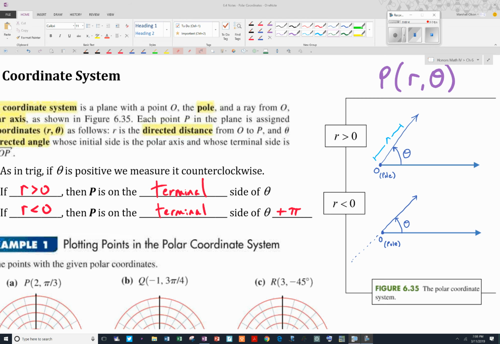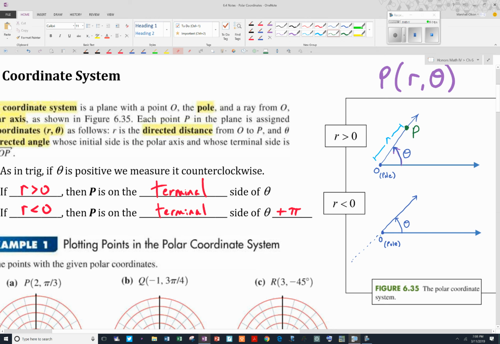All right, if r is a positive value, then when we open up our angle theta, like I have shown in this picture right here, we would just put our point r units away from the pole, which is like the origin, on that terminal side. If r is negative, though, and that's what this picture down here is showing, then we would open up whatever our angle is, that amount, but then we would put the point on the other side of the pole, that amount.